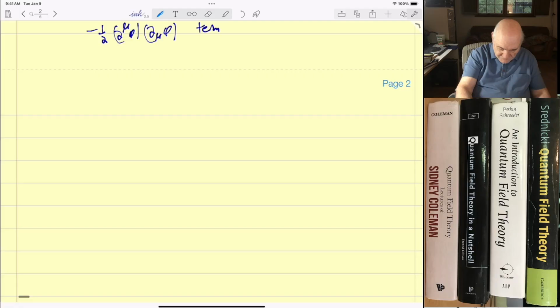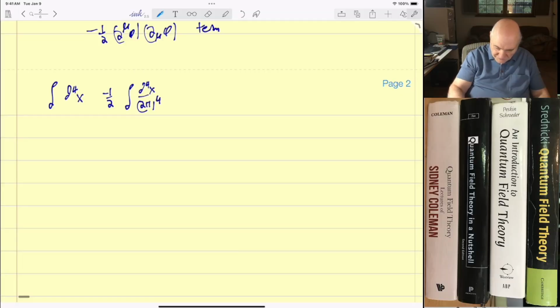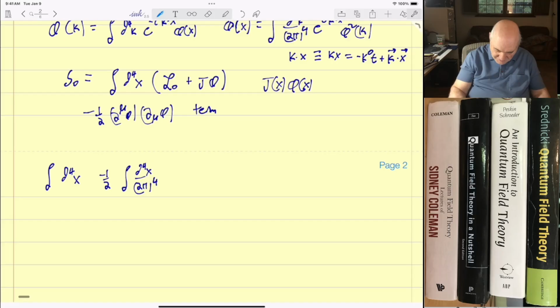So let's work it out. We have the integral of d^4x, minus 1/2, the integral of d^4k over (2 pi)^4. When we take the derivative down, you have to be careful, but it's going to be like one up and one down. So we'll get an i k_mu e^{ikx} phi tilde of k.